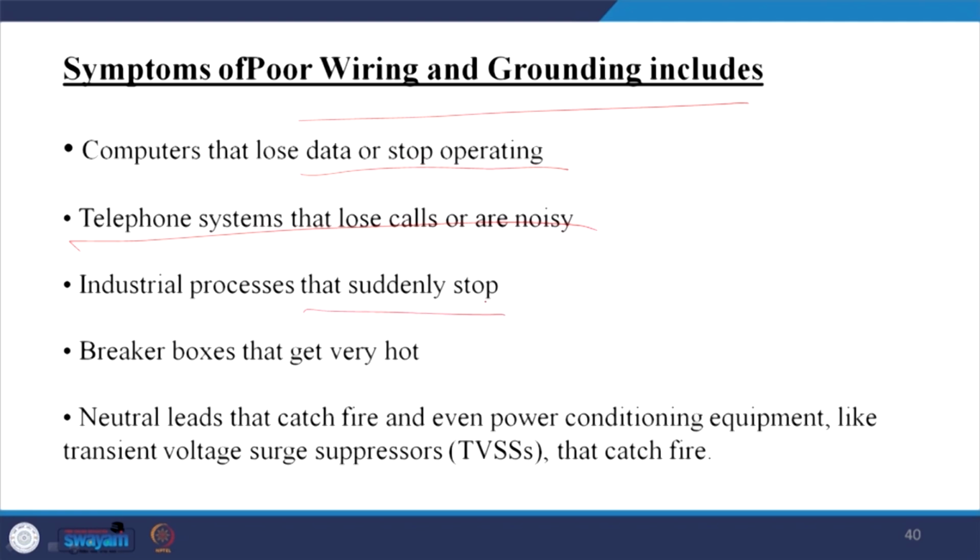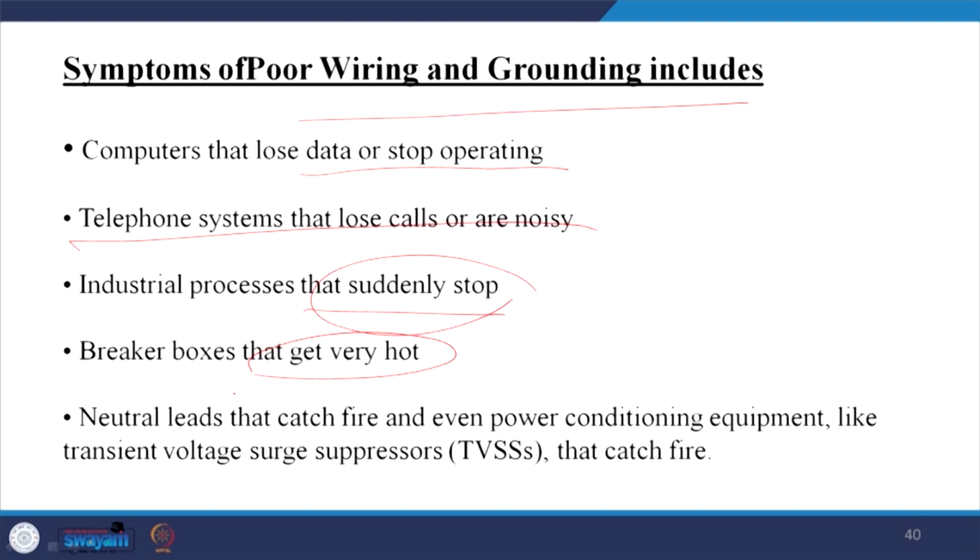I was talking about this: let us say you have a resonance with the fifth harmonic and you are running a motor. All of a sudden, due to the high contamination of the fifth harmonic, it will crawl. Breaker boxes may get very hot because of this problem.